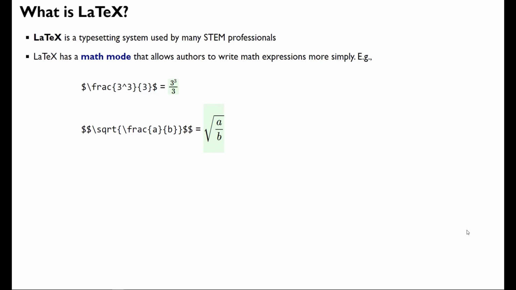Here we have on the left the LaTeX formula for two different math expressions, and on the right, we see the math rendered in my browser as MathML. So that is another way that you can quickly author accessible math.